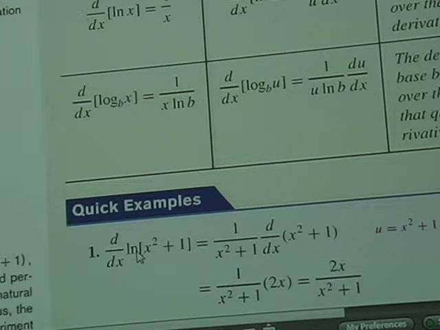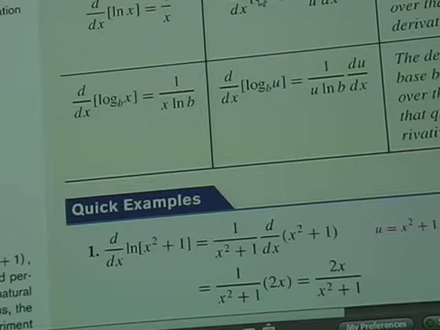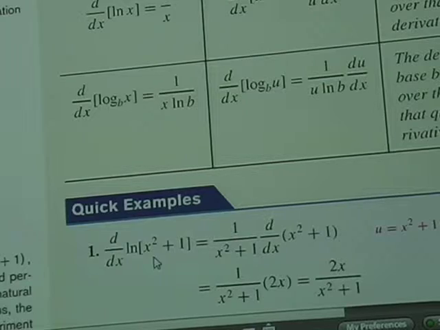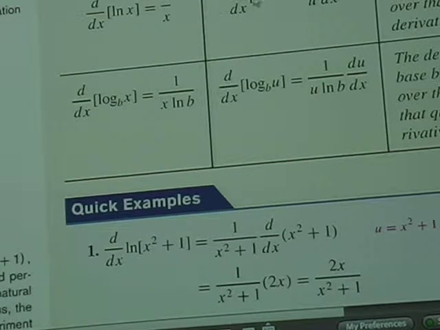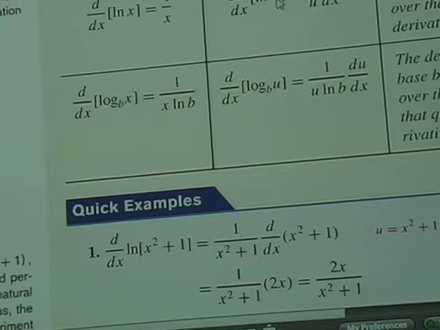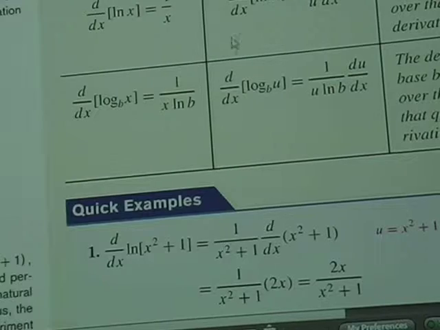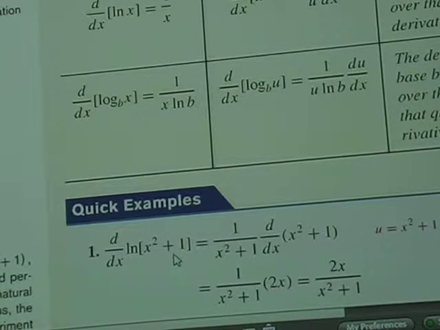Then I see the ln and I see the ln. And then this is u and this is x squared plus 1. Now what they mean by this u is they mean some function of x, any function of x, right? Here's a function of x. So that's what they mean, they just mean some function of x.